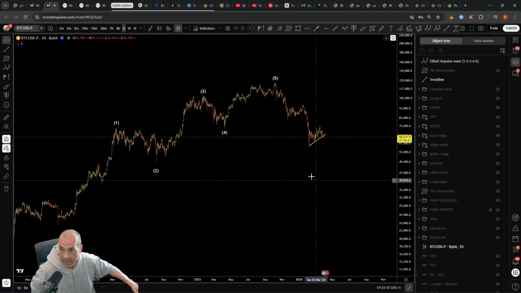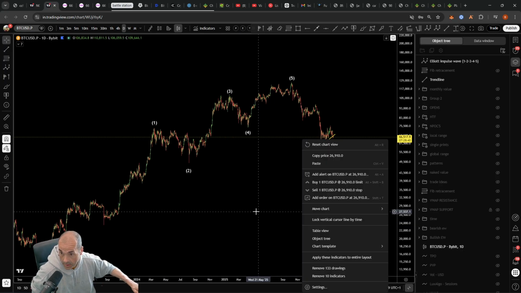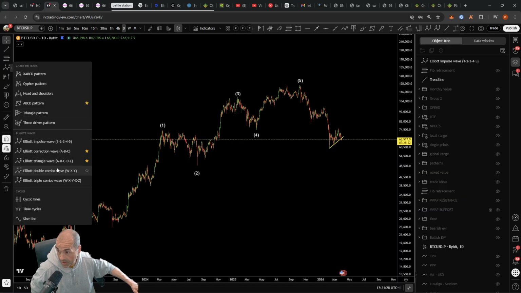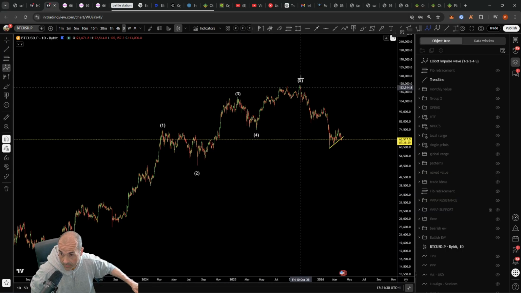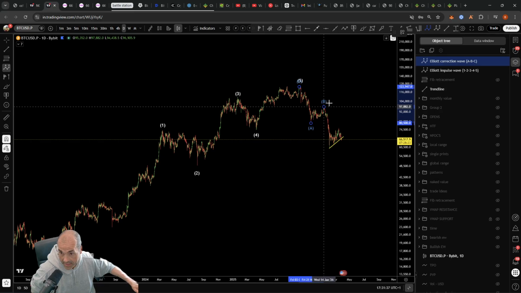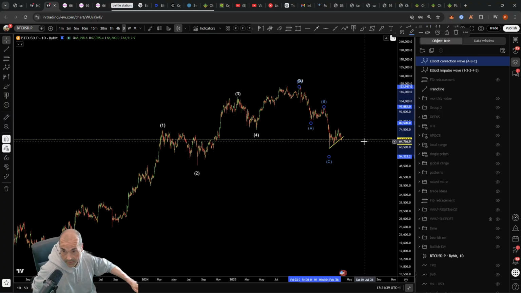And if we have that 5-wave structure, then we look for that ABC corrective wave structure. It follows a certain set of rules. So we have the top, then the bottom, A, B, C.